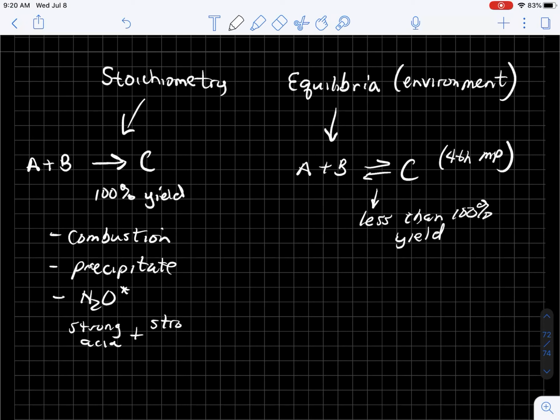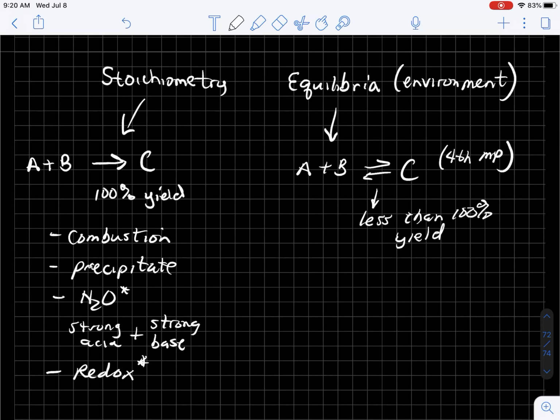So therefore, things like strong acid reacting with strong base, and we'll talk about that in neutralization in this last video for this chapter. Those things have a strong driving force and produce 100% yield. And then most of your redox reactions, and I say most, it has to produce a voltage of over 0.1 volts. So a lot of our reactions do follow stoichiometry, but far more follow equilibria.